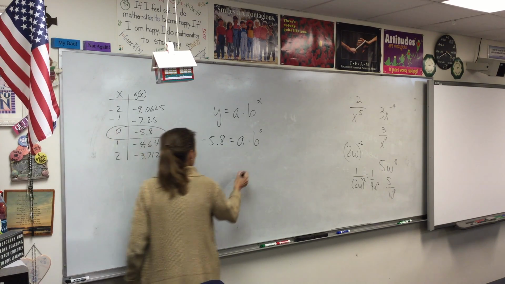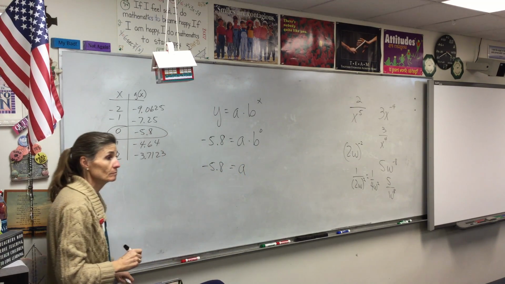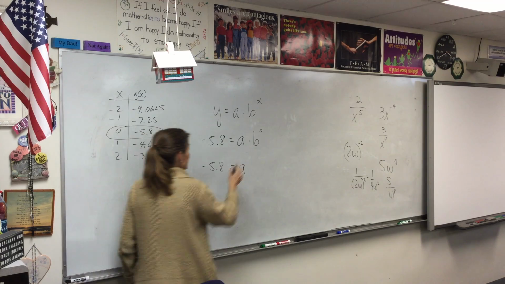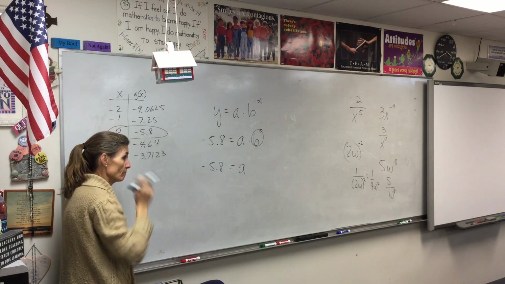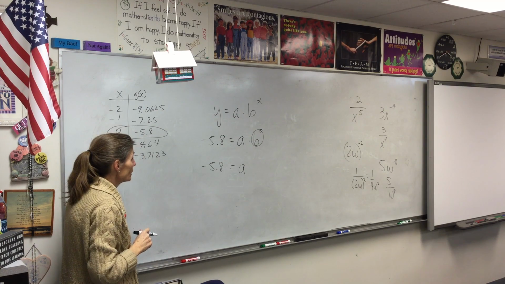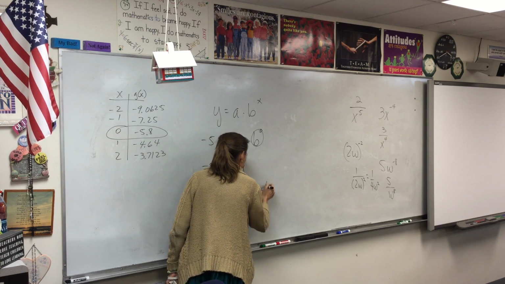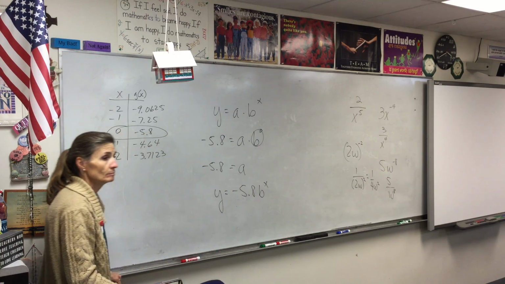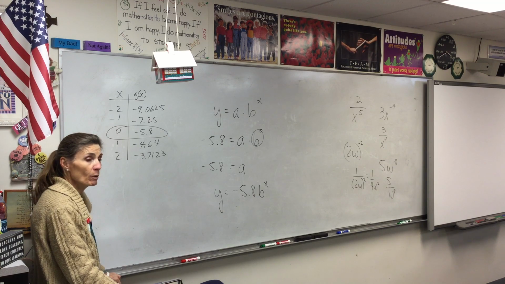That a equals negative 5.8? Because what's this? 1. So now we have y equals negative 5.8 b to the x. Now what do we do?